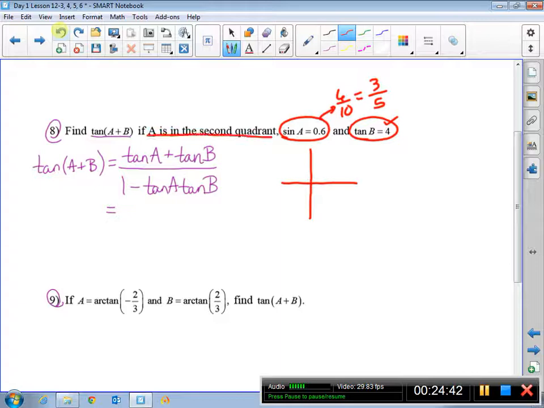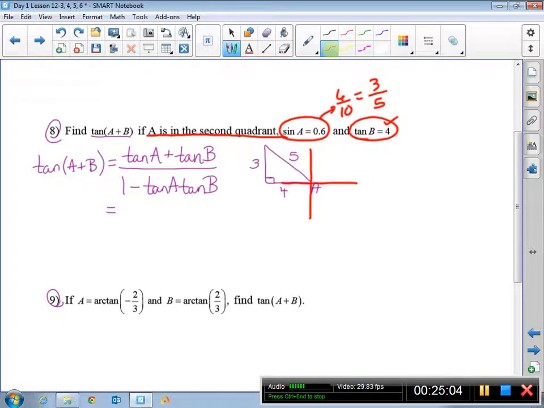A is in the second quadrant. So when I draw it, I'm going to the second quadrant, just to help you remember signs and whatnot. So the opposite side is 3. The hypotenuse is 5. We just did this Pythagorean triple, the 3, 4, 5 with the 5 on the hypotenuse.